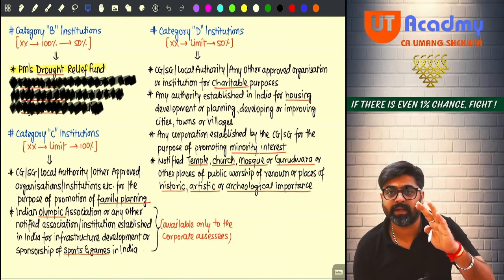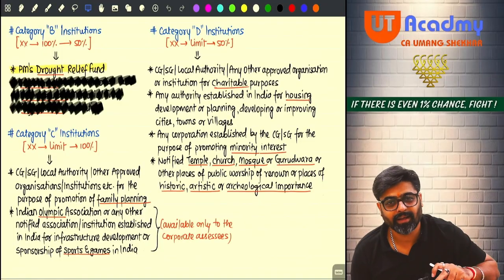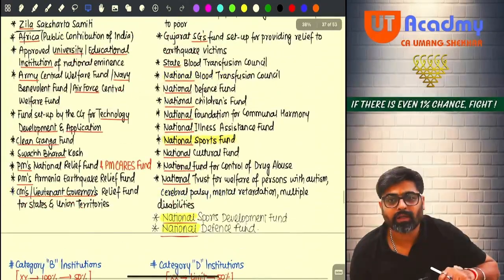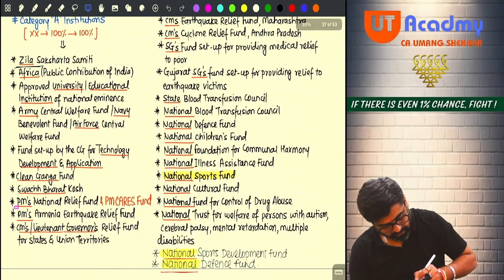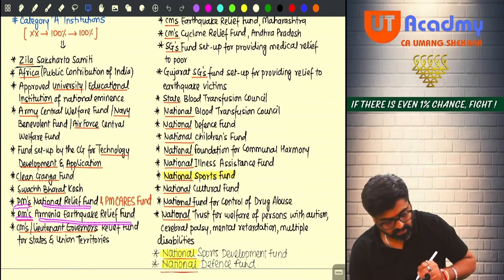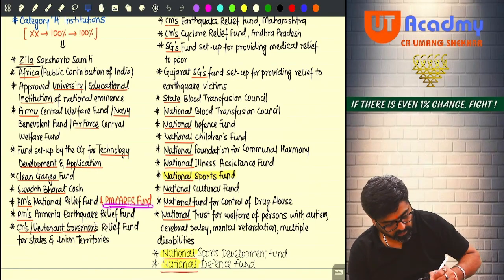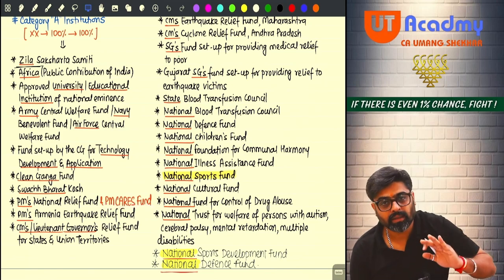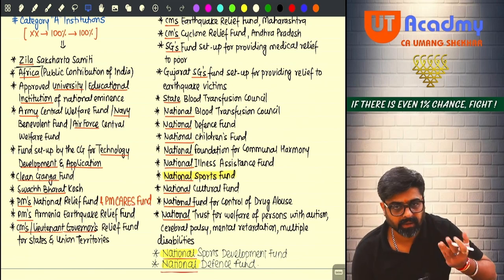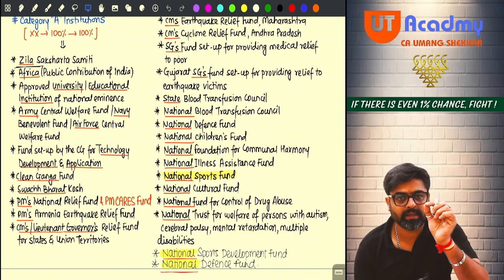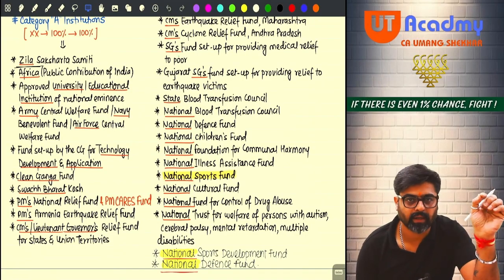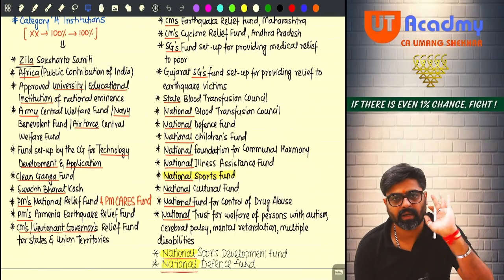Only this Prime Minister fund is there in category B. All other Prime Minister funds are in category A only. Prime Minister's National Relief Fund, Prime Minister's Armenia Earthquake Relief Fund, PM Cares Fund, yes or no? All the other funds set up by the Prime Minister are there in category A. Only one fund, Prime Minister's Drought Relief Fund, is there in category B.